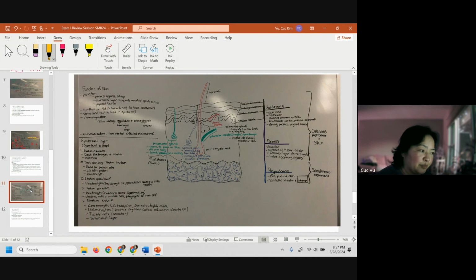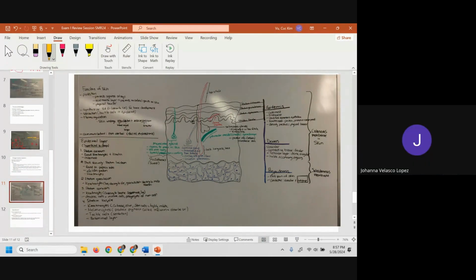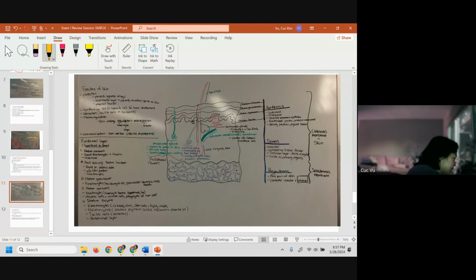So in terms of functions of skin, you should know it's protection, specifically how it protects you: the physical barrier, the acid mantle as a barrier. It also synthesizes vitamin D, and handles sensation, thermal regulation, and communication.